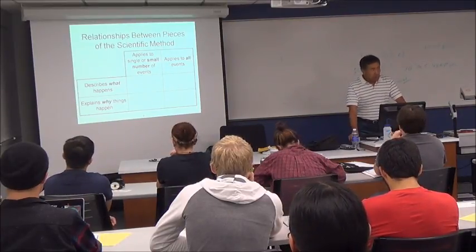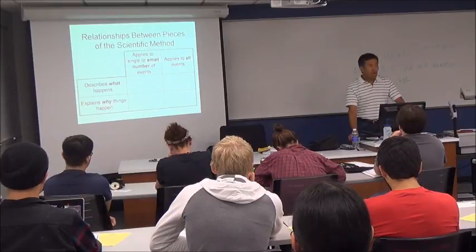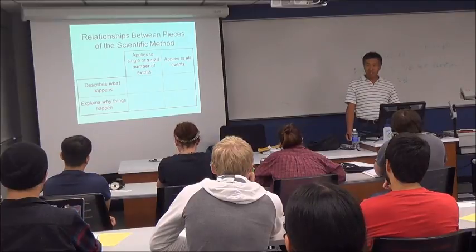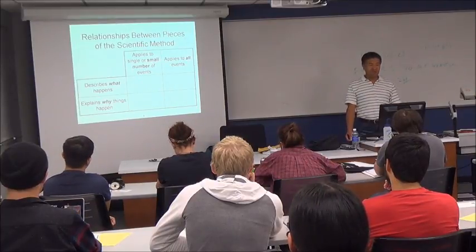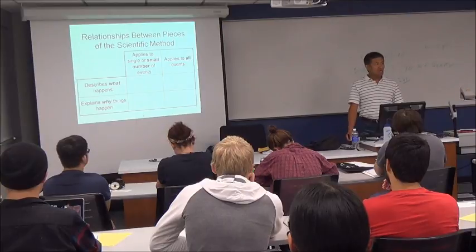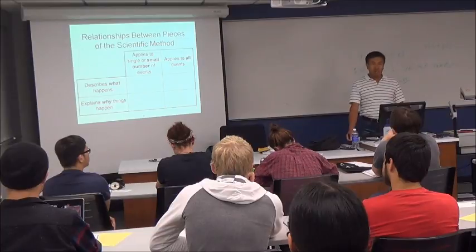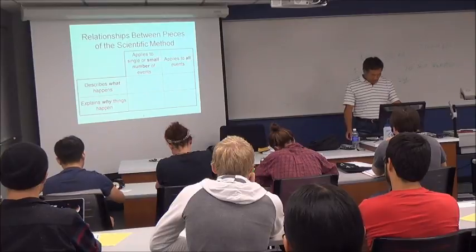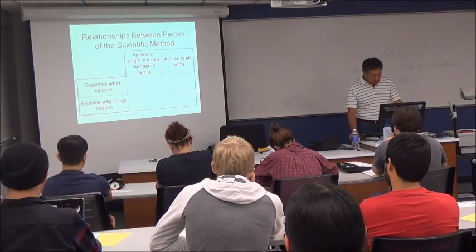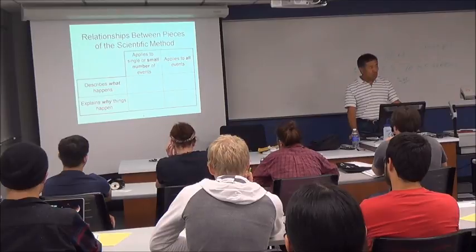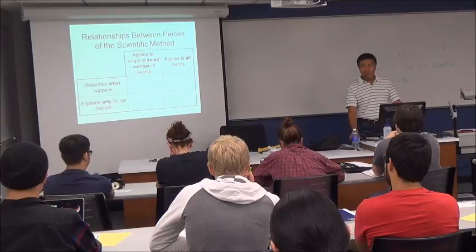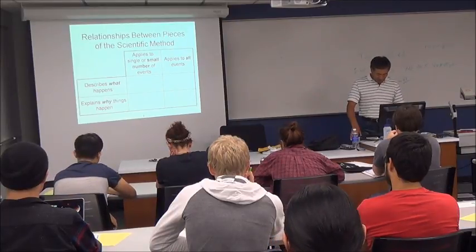As we said before, the hypothesis and theory have a keyword, explanation: explain why something happens. And the observation and law tell you what happens. So describing what happens is observation or law, depending on whether you are observing many events or a small number of events.